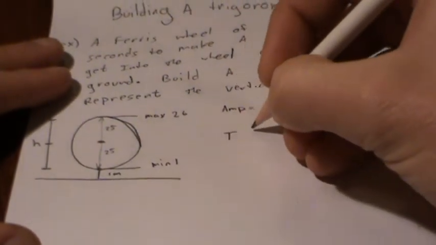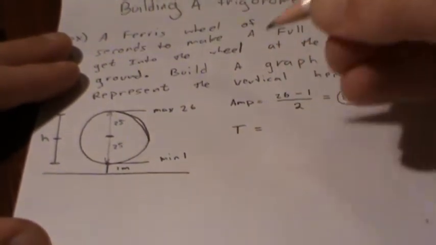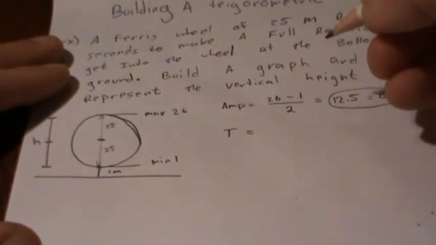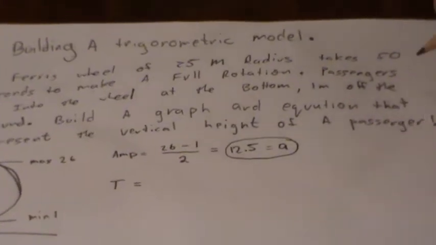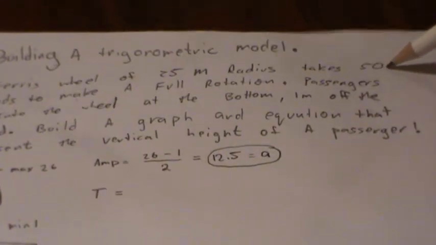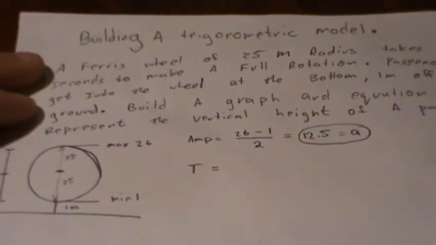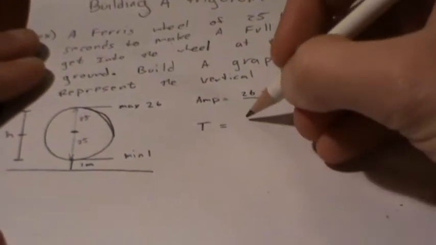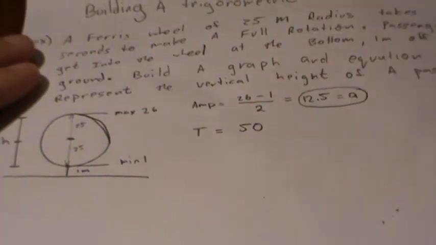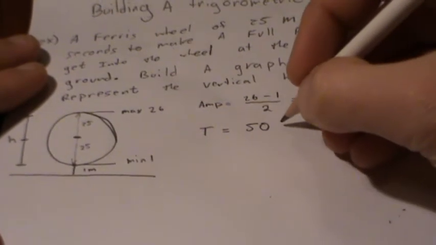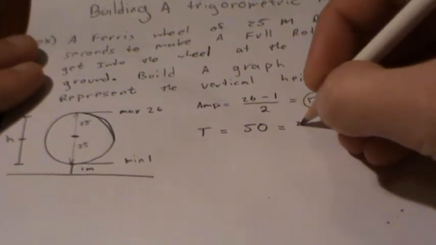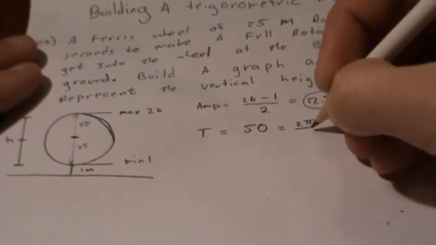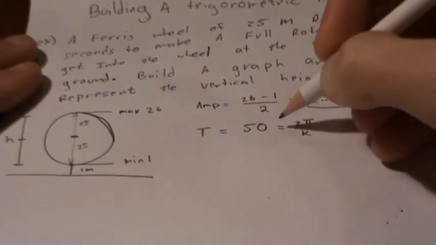The period is the length of time that it takes to complete a full cycle. It's stated in the question that the ride takes 50 seconds to make a full rotation, so the period is 50. So since I know that the period is 50, I want to figure out the K value.